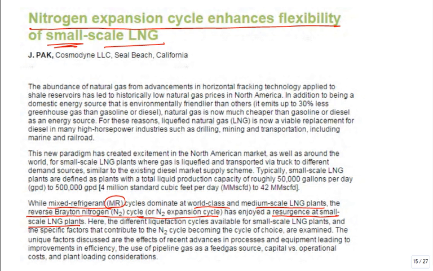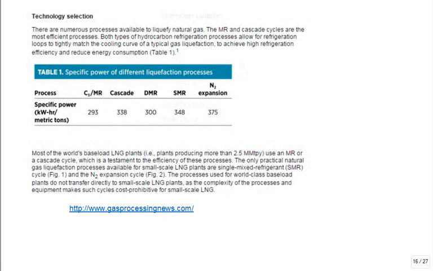Okay, so this whole article, you can find it and read it, but inside that article, they had this table. Okay, what does the table show? The specific power of different liquefaction processes. So take a look at the specific power.